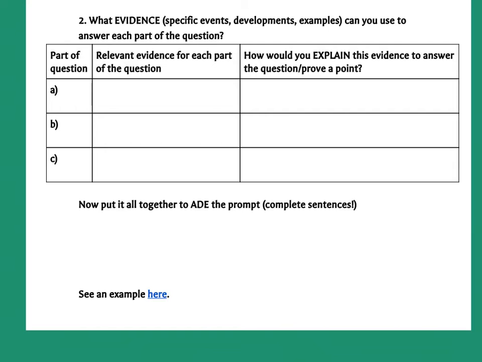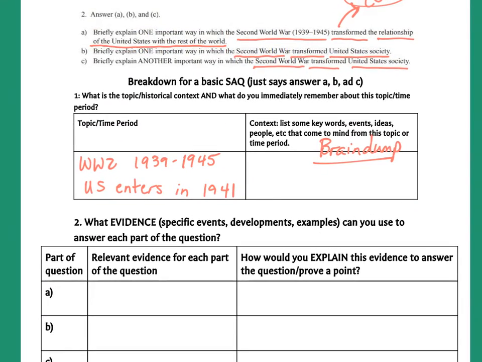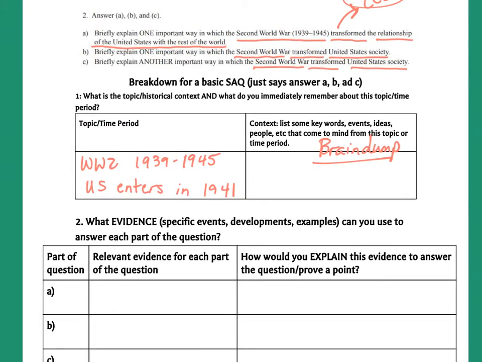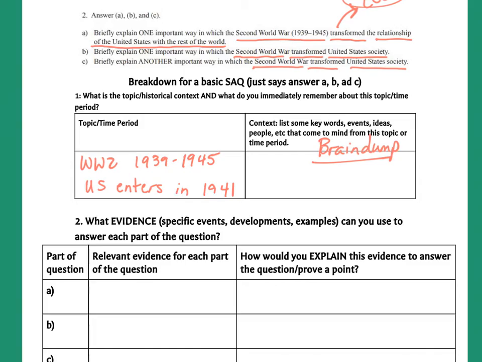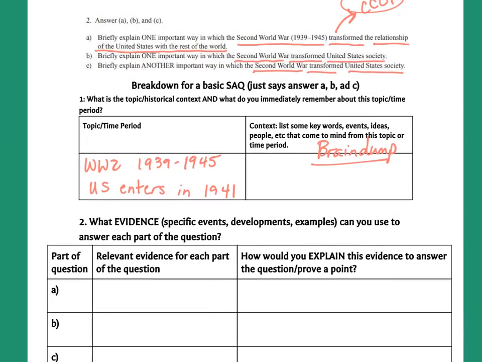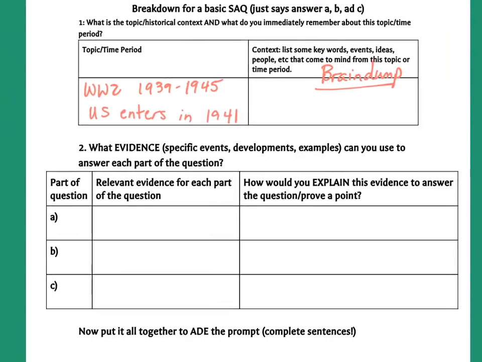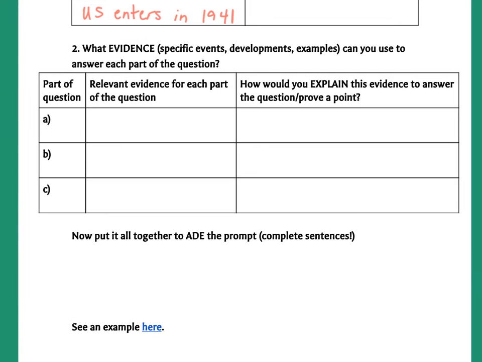All right, so now we're going to start taking a look at what kind of information we are going to put in the prompt. So when I broke down the prompt, I saw that part A was asking me about the relationship of the U.S. and the rest of the world, and parts B and C are asking me about home front changes.